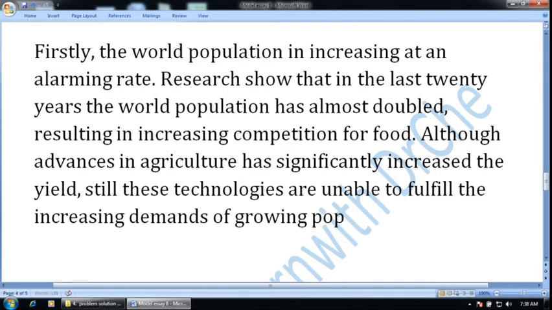Now this is a complex sentence and a very good explanation. Although advances in agriculture has significantly increased the yield, the main output of the crops, still these technologies are unable to fulfill the increasing demands of growing population.